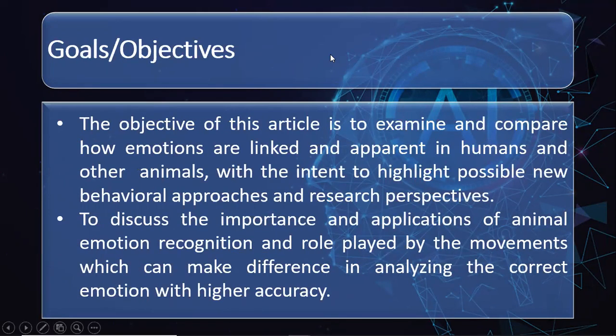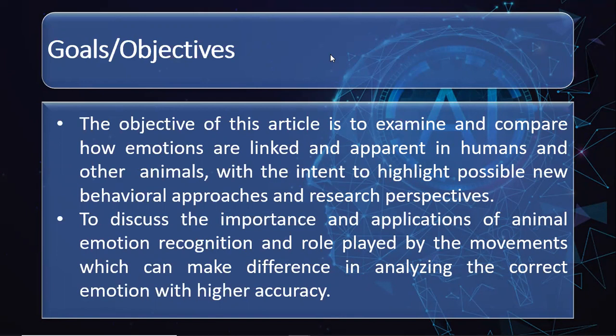So the goal or objective of this research article is to examine and compare how emotions are linked and apparent in humans and other animals, with the intent to highlight a possible new behavioral approach and research perspective.